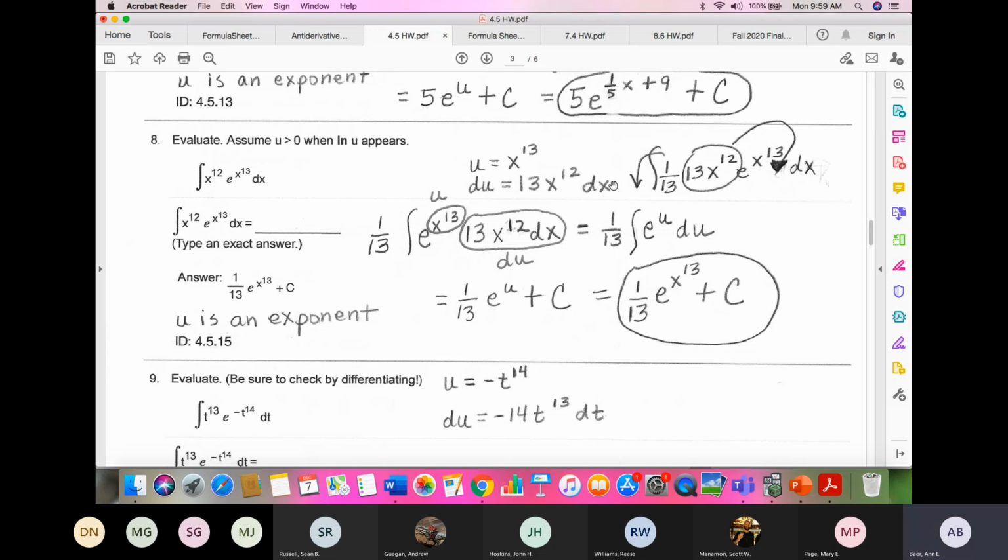So what I've done is I'm looking at this. I want 13x to the 12th to be next to dx. Well, x to the 12th is in front here, so I'm going to rewrite it and move it next door to the dx.